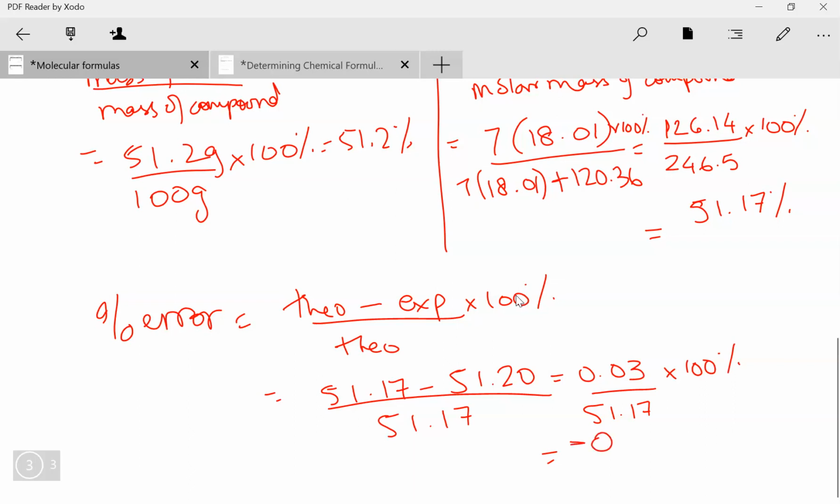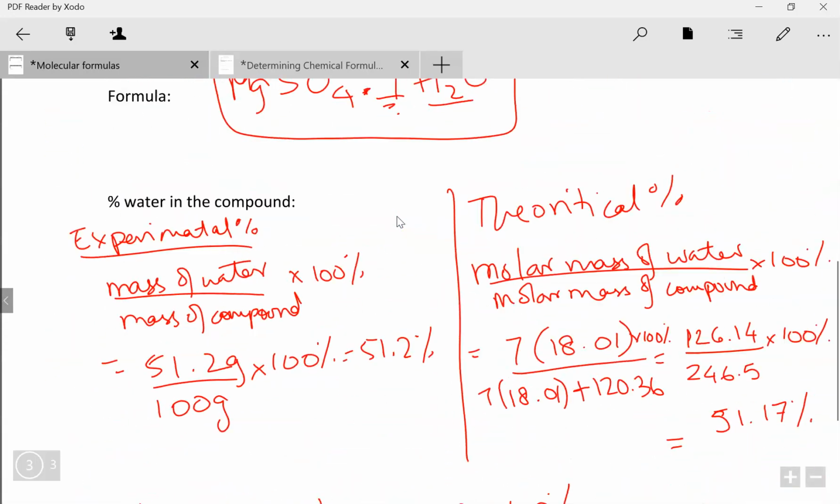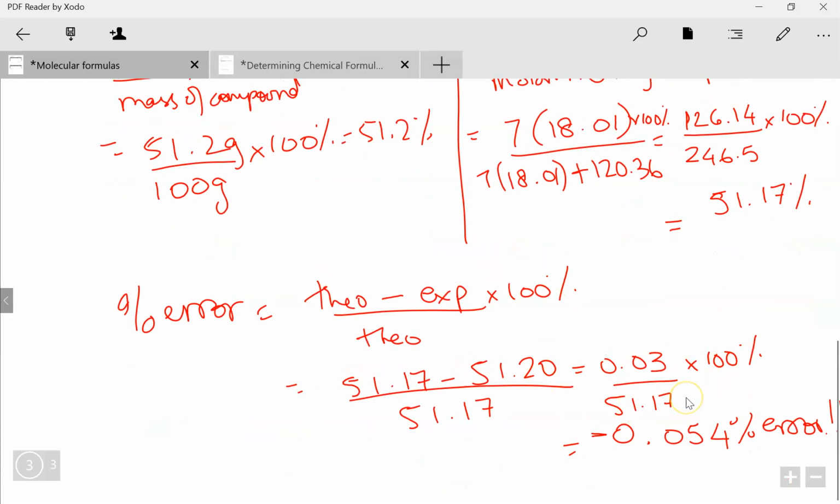It's actually super small. That is very rare in actual lab conditions. I just made up these values so that they would work. So I got a super small percent error, but in a lab, you will have a much larger percent error.